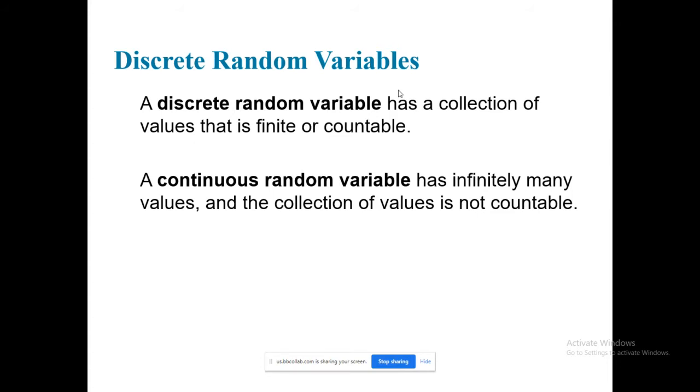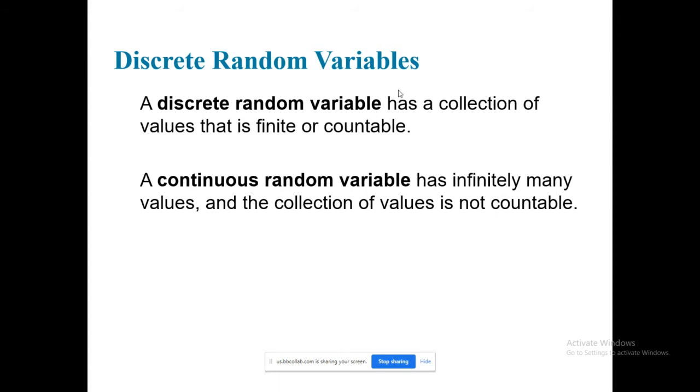Does it take exactly 30 minutes, or could it take 29 minutes, or could it take 29 and a half minutes? The in-betweenness, because there are infinitely many values between 0 and 1, okay? If there is an infinite number of values, or if there is some in-between, then we have what's called a continuous random variable.